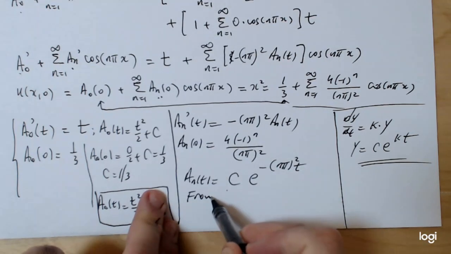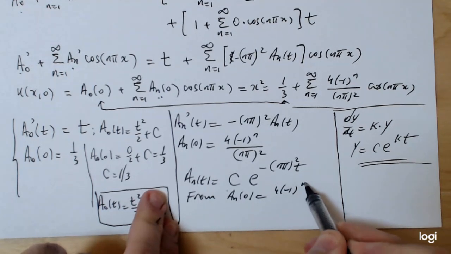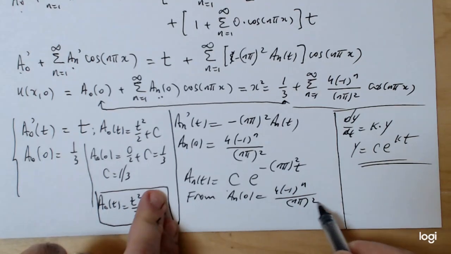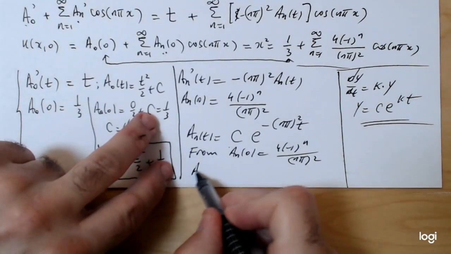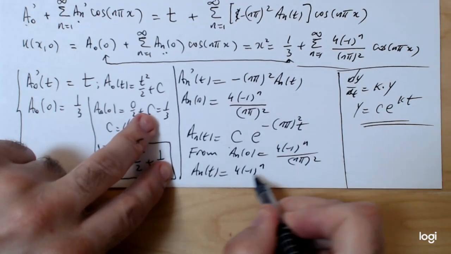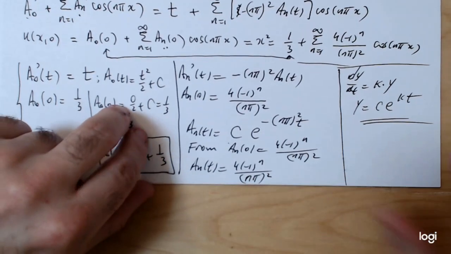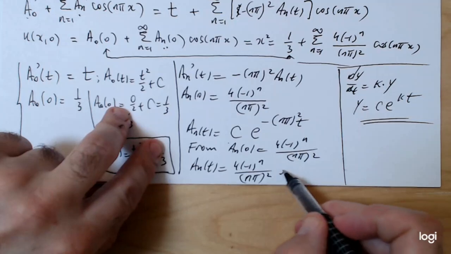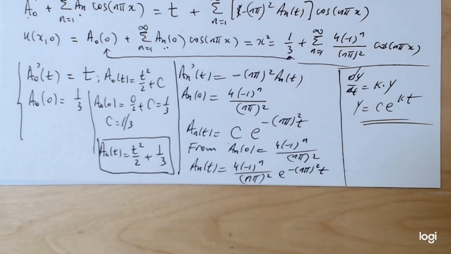So from a_n(0) equals 4 times (minus 1)^n over n pi squared, we get that a_n(t) is 4 times (minus 1)^n over n pi squared times e to the minus n pi squared t. So we're essentially done with the problem.